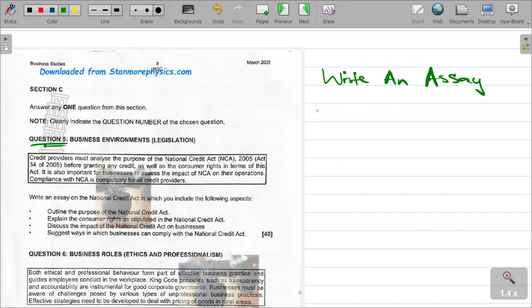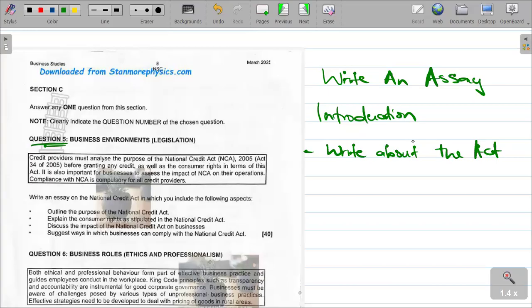When you're writing an essay, you need to include the introduction. In your introduction, you're supposed to tell us about the act. So you can write like the act was introduced to promote consumers in the credit market and to make credit services more accessible.